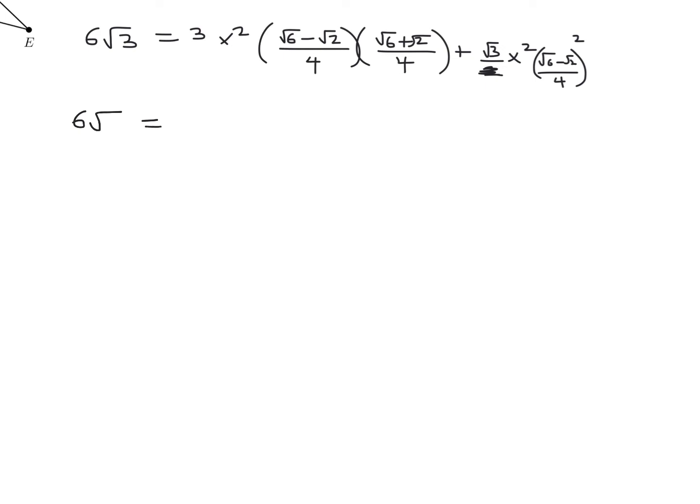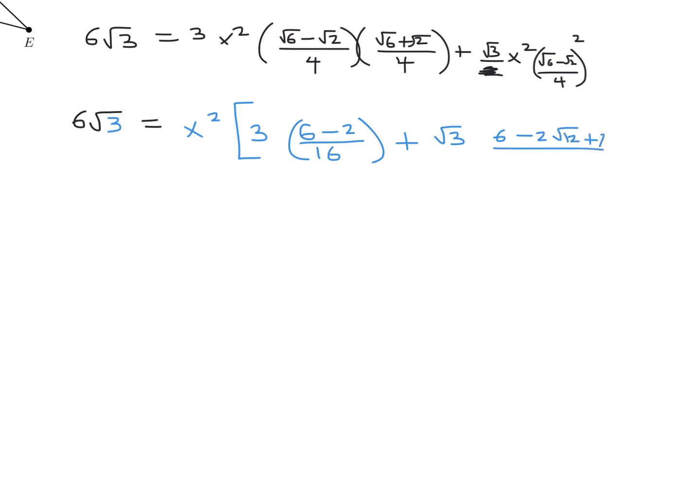Okay, so 6 root 3. All right, so that's good. And then I'm going to factor out the x squared, since there's an x squared in both of those. And then this is going to be 3. And then expanding that works out to be 6 minus 2 over 16. Okay, things are working out pretty nicely already. And then this next guy, let's see, root 3. And then when you expand that, you get 6 minus 2 root 12 plus 2 over 16. Okay. So this is x squared.